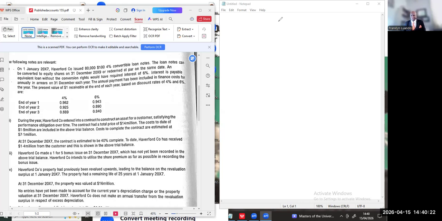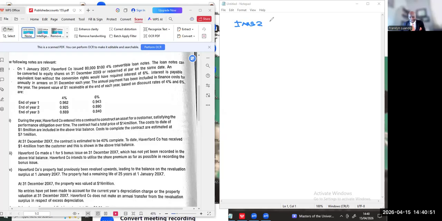Now, financial instruments are regulated by IAS 32, which deals with classification and presentation of financial instruments in the books of the issuer.